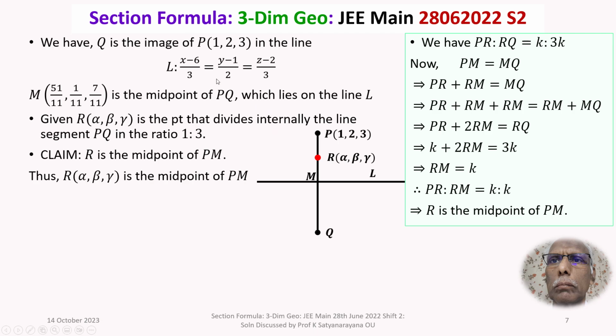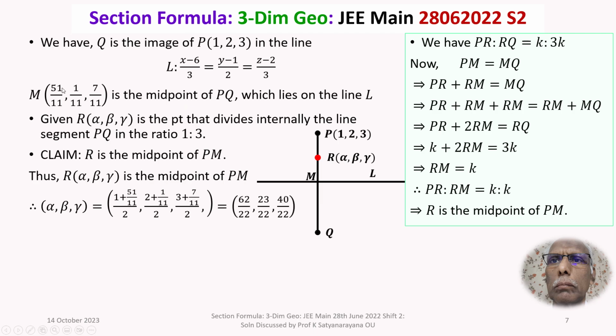Now the coordinates of P are known, the coordinates of M are known, you use the midpoint formula, then alpha, beta, gamma you will obtain. So alpha, beta, gamma is equal to 1 plus 51 by 11 whole by 2, that is x1 plus x2 by 2, comma, y1 plus y2 by 2, comma, z1 plus z2 by 2.